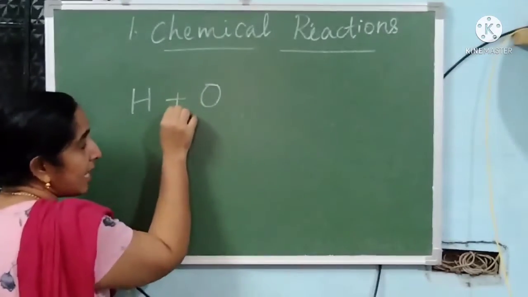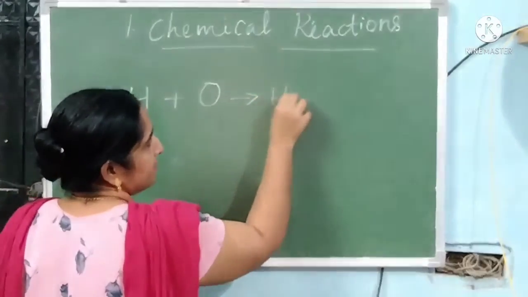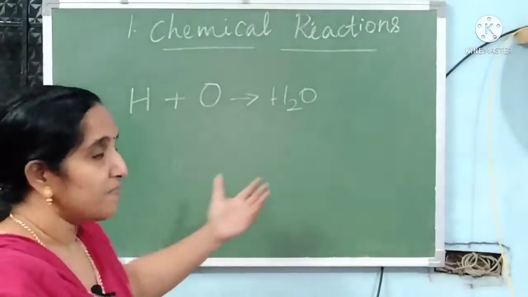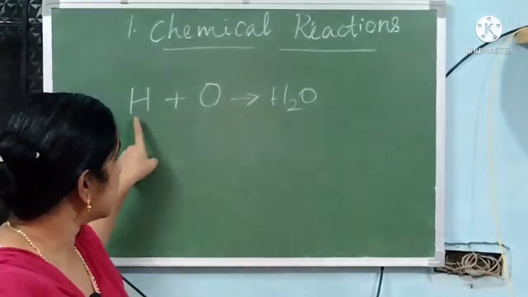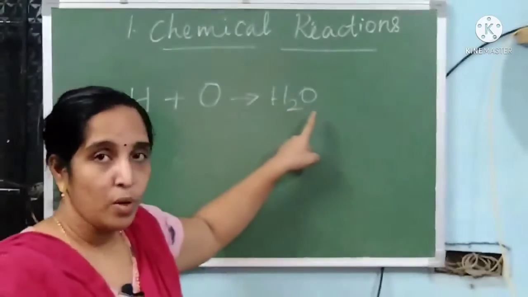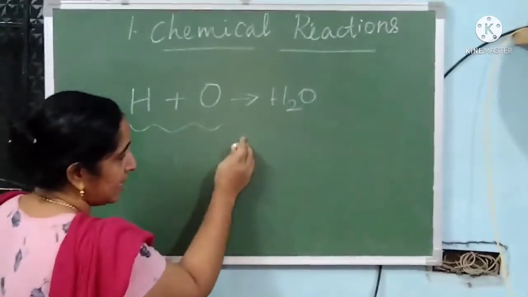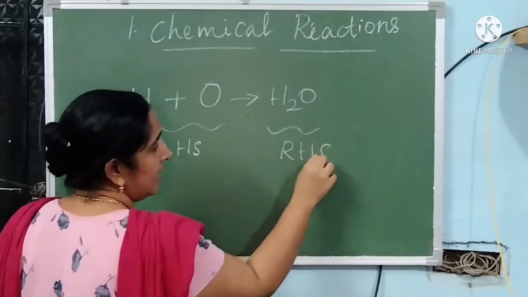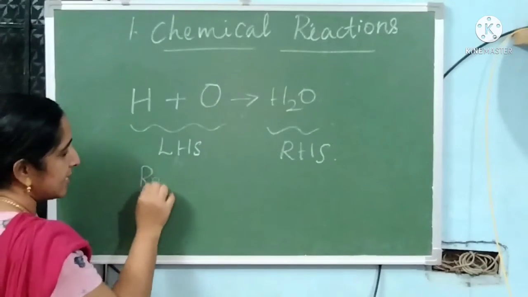When hydrogen reacts with oxygen to form water, we know that water is a molecule consisting of hydrogen atoms and oxygen atoms. Here there are also two sides, that is LHS and RHS, left hand side and right hand side. LHS belongs to reactant.